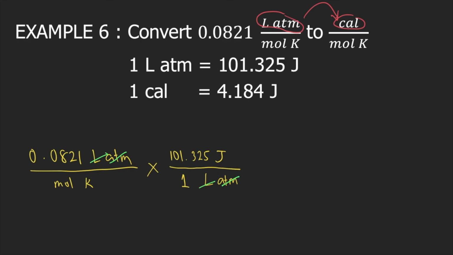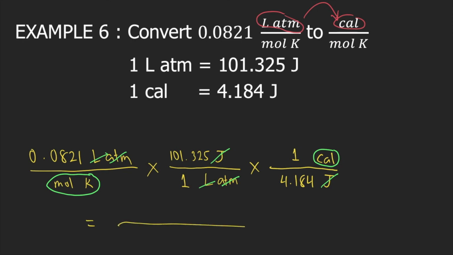Now we have joules. And then you can convert joules to calories. So you put joules on the bottom and calories on top. 1 calorie is equivalent to 4.184 joules. So joules cancels out, and your final unit would be calories on top, and then on the bottom you have mole Kelvin.